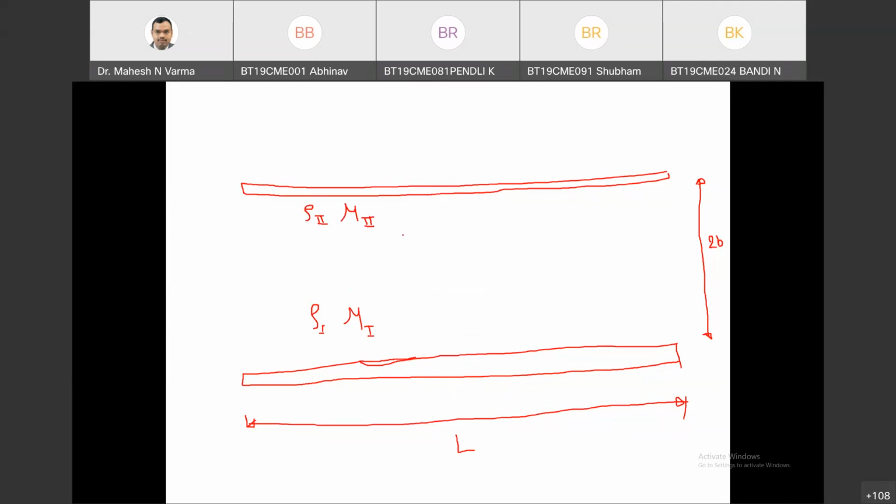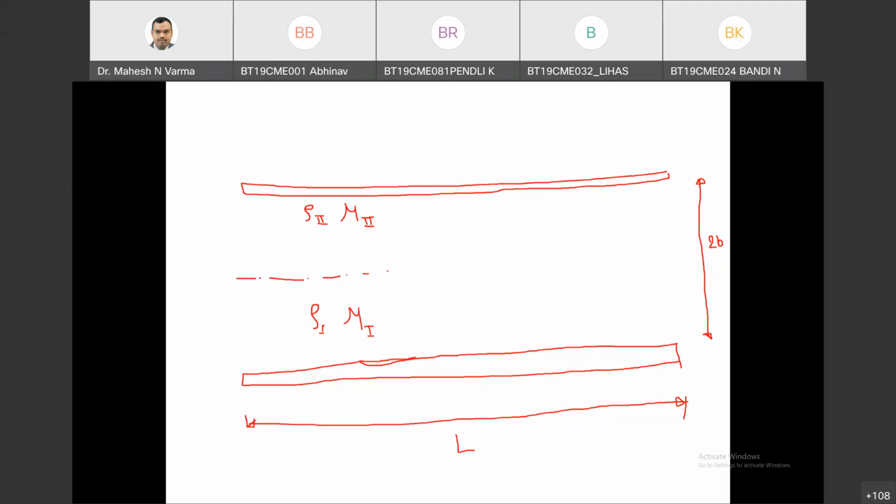Yeah, roll number 32, Lihas. Where is the interface of these two fluids? The interface is at half, means at a distance b from the plate. Yeah, very good. So the interface is at the center. Okay, so the flow rate of this fluid and this fluid is adjusted in such a way that the interface is at the center.